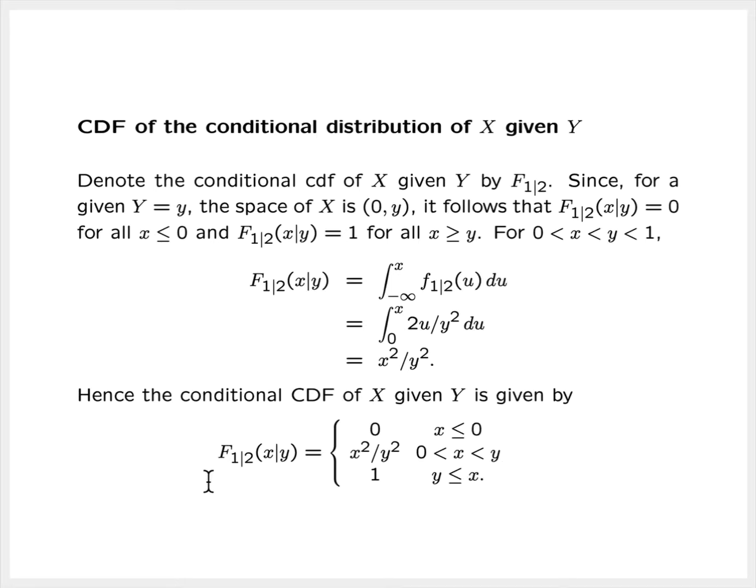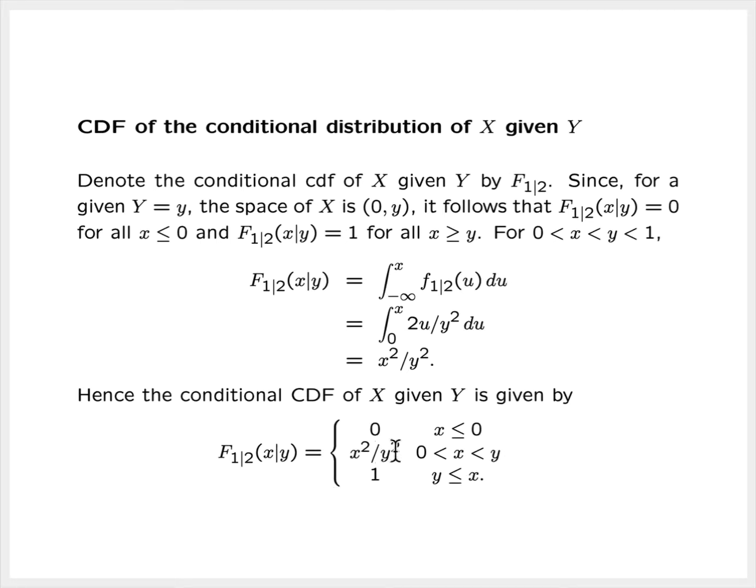And now I would point out that this is the formula, this piecewise defined function for the conditional CDF of x given y. And you note that this does in fact depend on y. This is a function of y.